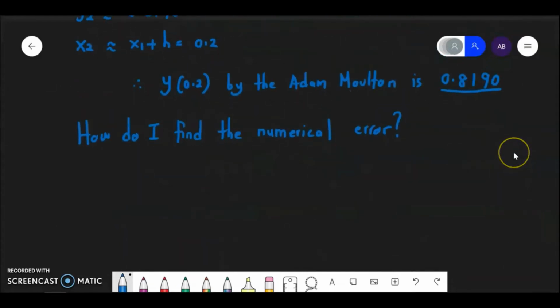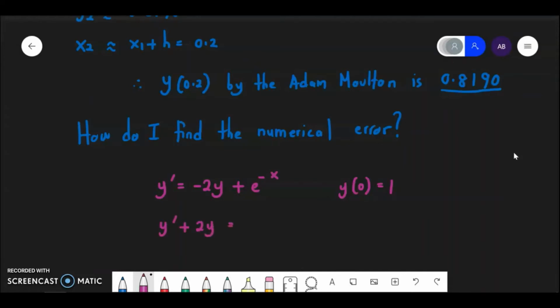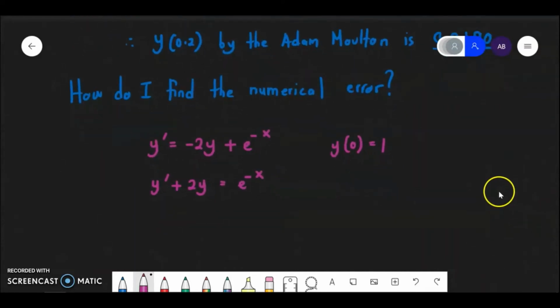So the problem you are given is this one, right? First order, y prime equals negative 2y plus e to the negative x with the initial condition. Now this is first order, so I can use an integrating factor, right? Arranging this will give me y prime plus 2y equals e to the negative x. So what is my integrating factor here?